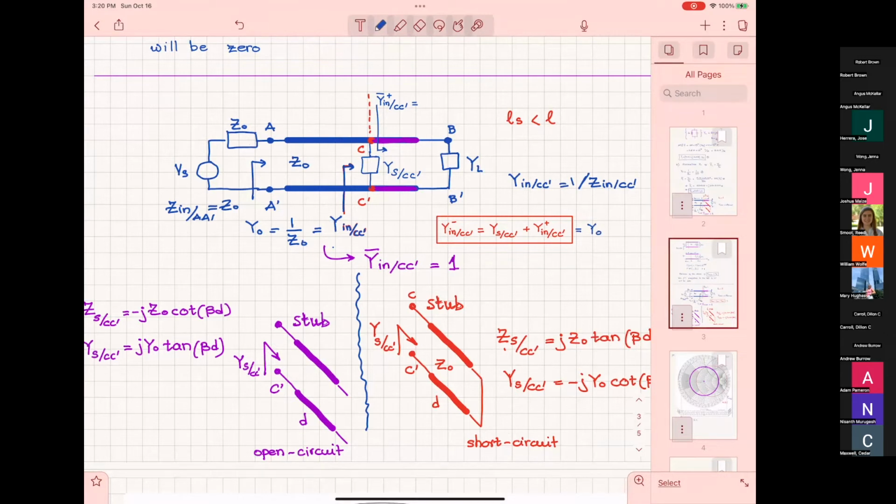And that implies that my normalized impedance here, which I call left, is equal to 1. That's what I have.